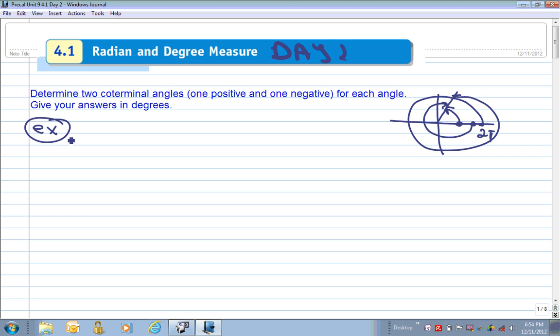The example I'm going to give you is theta, your central angle, is 2 pi over 3. All right, I need a coterminal angle, one positive and one negative. So I'm going to take 2 pi over 3, and I'm going to either add 2 pi to it, or subtract 2 pi from it.